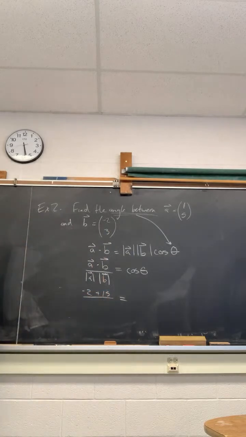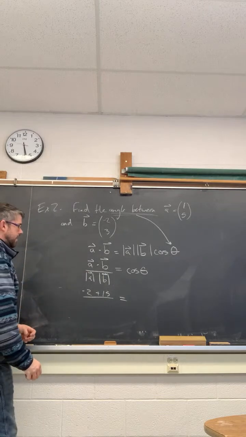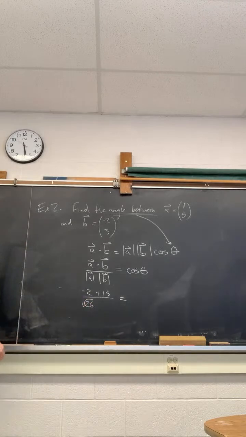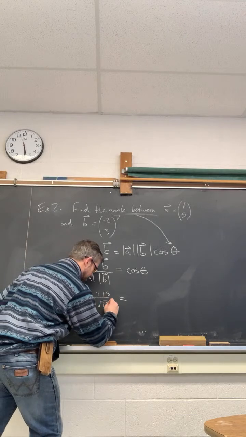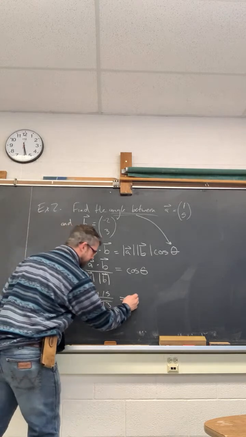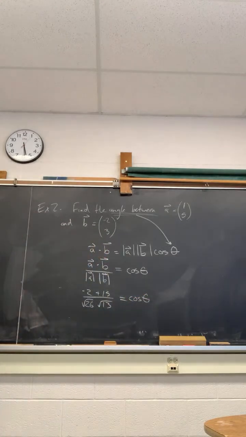So that's going to be the numerator. The magnitude of A is 1 squared plus 5 squared, or root 26. And the magnitude of B is 2 squared plus 3 squared, or root 13. And so that's going to be equal to the cosine of the angle between them.